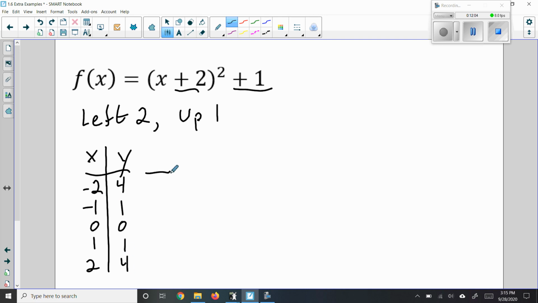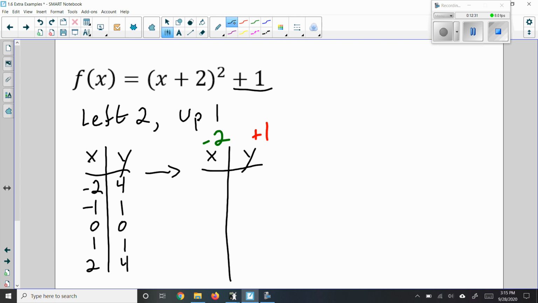So let's make our transformation. This left 2 is going to impact the x's. And since this is plus, we're going to do the opposite. So we'll subtract 2 from the x's. Now it's gone up 1, which means we're going to add 1 to all of the y's.